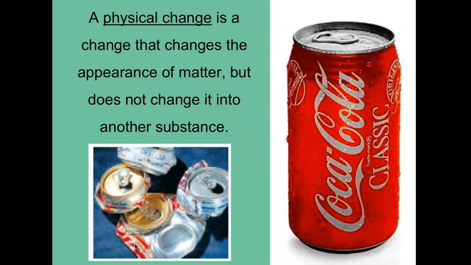So a physical change. Remember that a physical change is going to be a change that occurs that does not develop anything new. It doesn't create a new substance, but it just modifies the appearance of the particular matter that you're looking at. So if you take this soda can, for example, this one on the left, this image shows some soda cans that have been crushed.